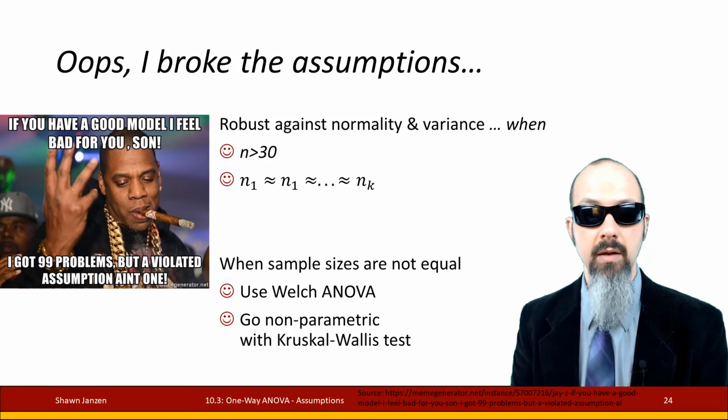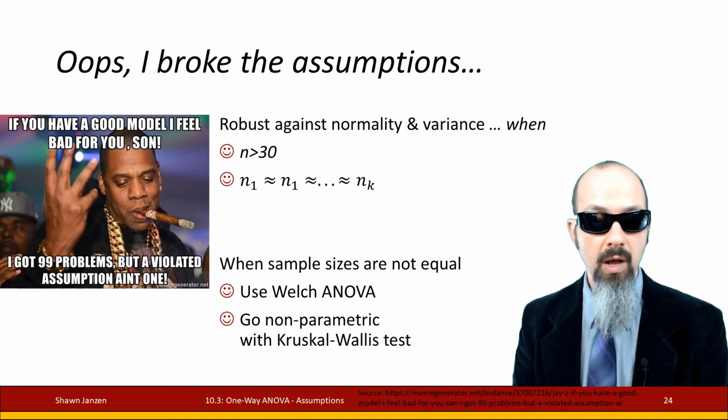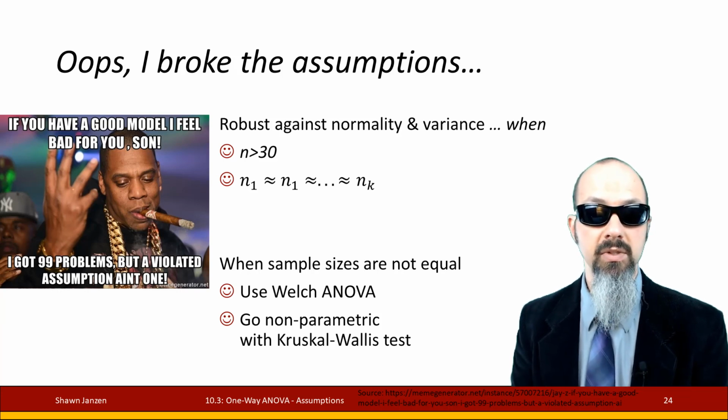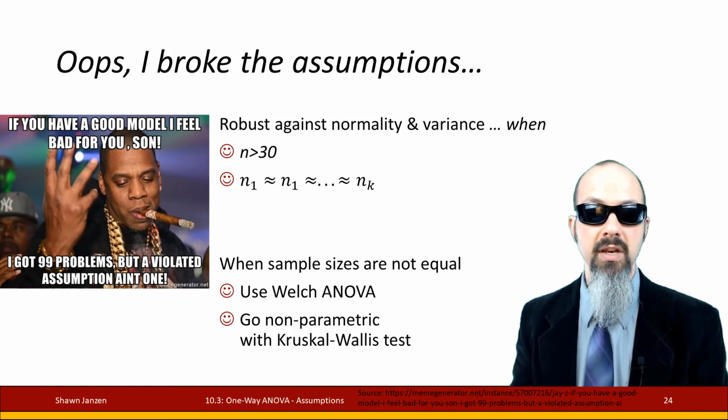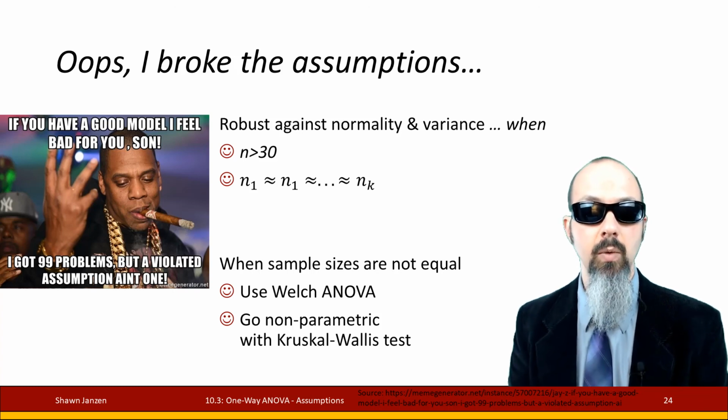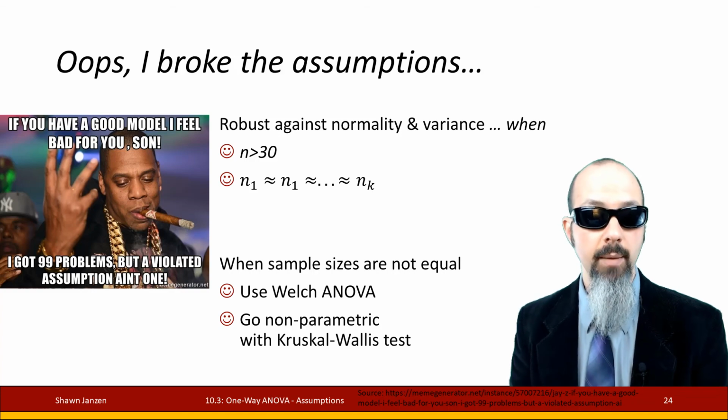Those will water themselves out. It becomes a bit more of a problem when you've got small samples and when your samples are of unequal sizes. Now, when you meet some of these problems, you're going to have one of two strategies that you can look towards. We can use what's called the Welch ANOVA, or we can go with the non-parametric version called the Kruskal-Wallis. And I'll be covering those in the upcoming videos.